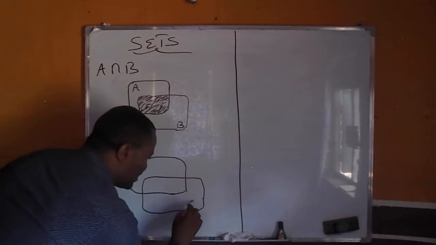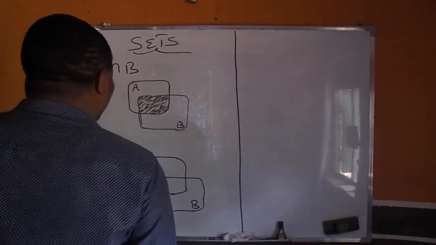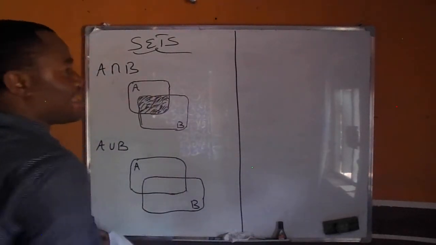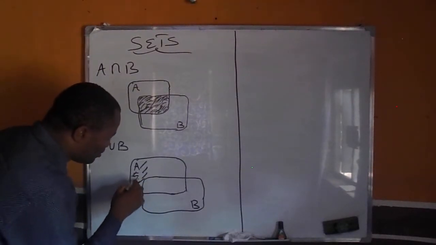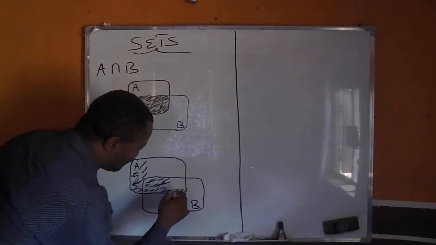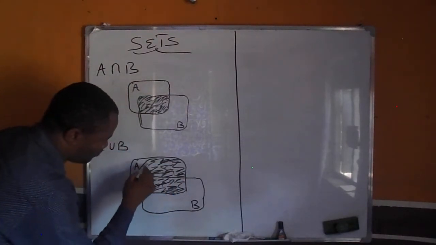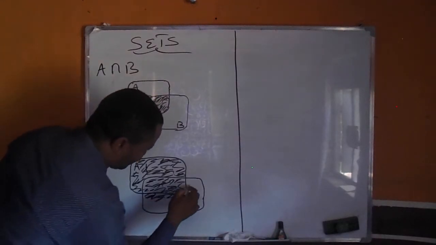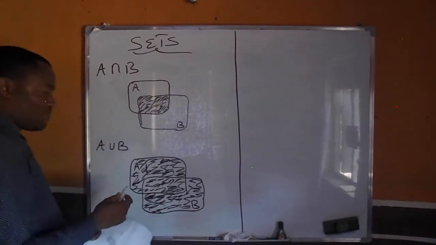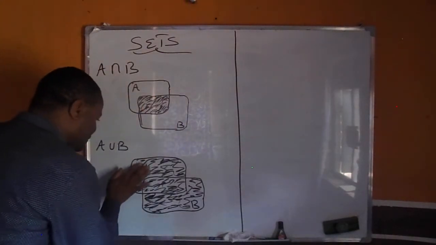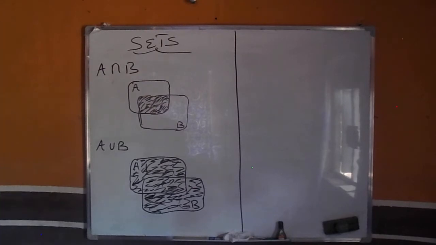This is A, this is B. A union B means all the elements in A and B, that means all the elements that are in both A and B. So all will be shaded.